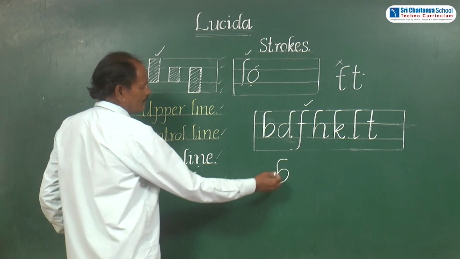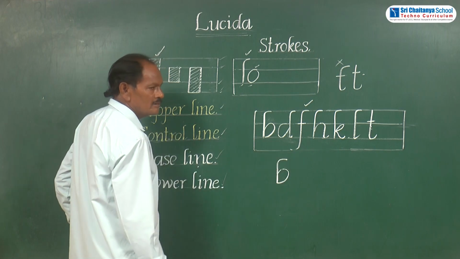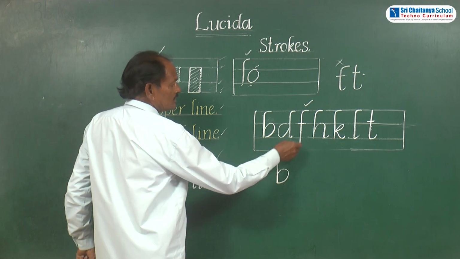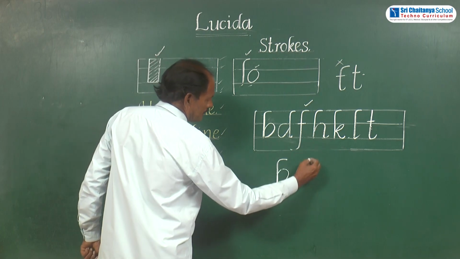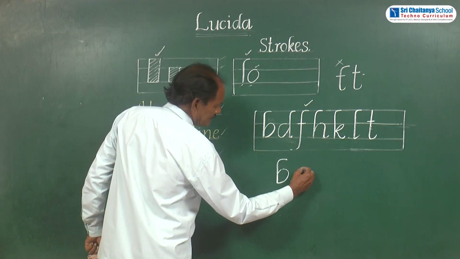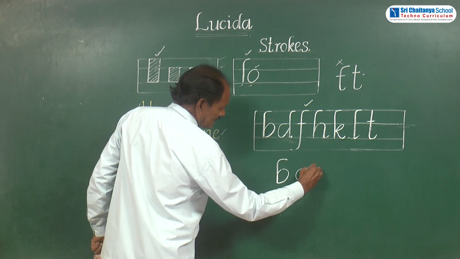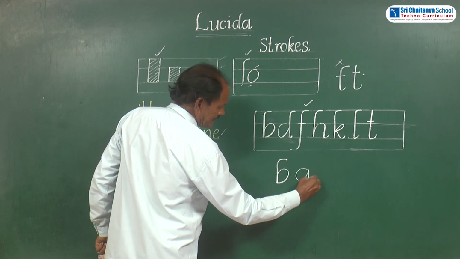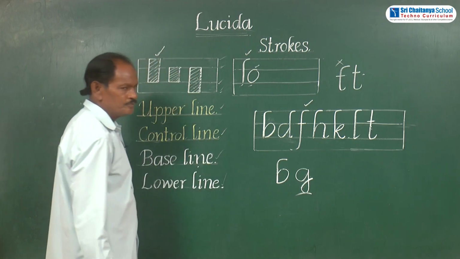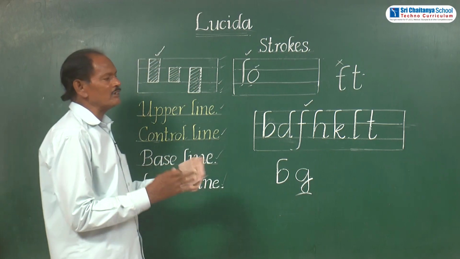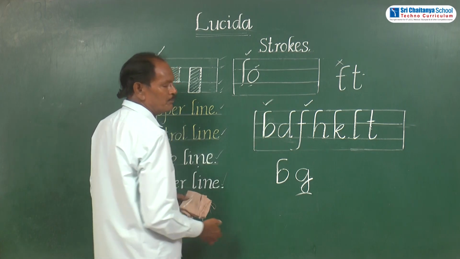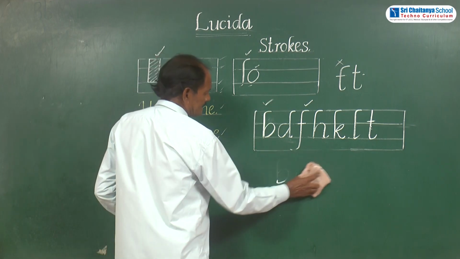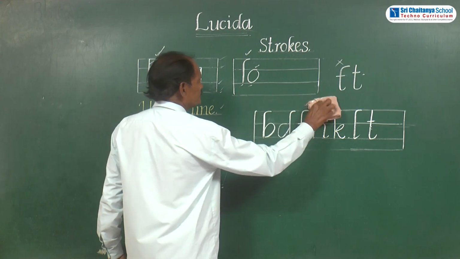Which letters will be lifted up, which strokes of letters are lifted up, and some letters are dragged up to the lower line. So we have to find the difference between these two. That is why upper zone is a very, very important zone in handwriting. Okay?